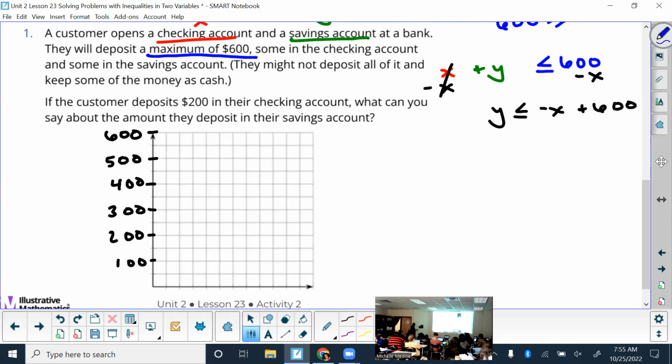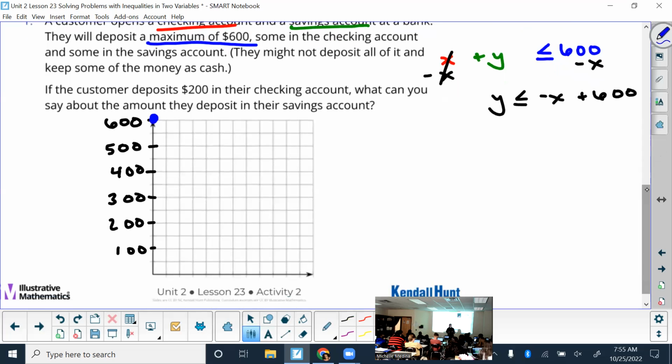All right, and then I'm going to plot my y-intercept, which is 600. And then my slope is negative, and it's a negative 1/1. Not sure how I want to label the bottom. Maybe also by 50s. We'll label the bottom. So then that would be 100.